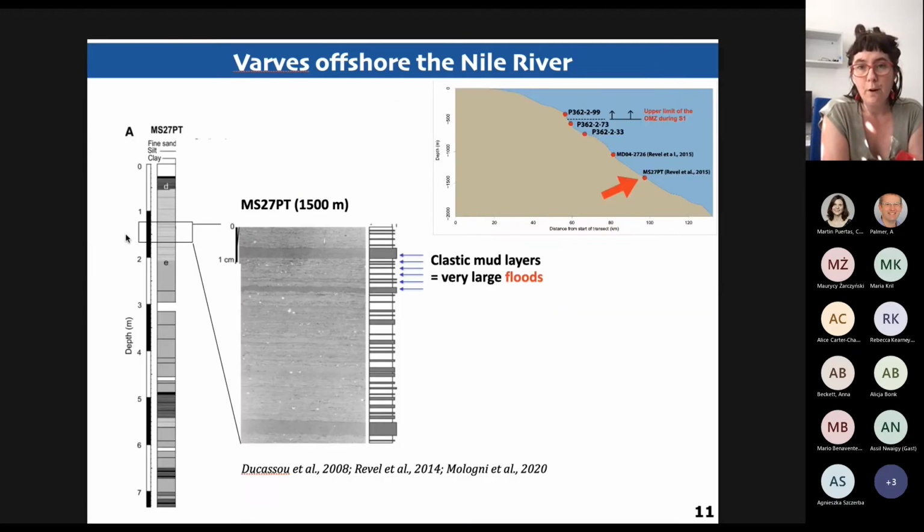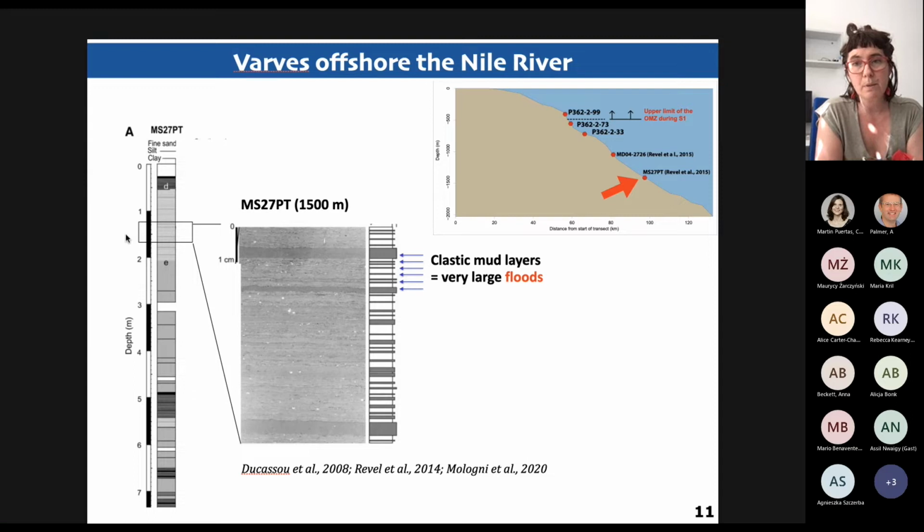So I will first talk about the deepest of these cores, which has been published by Marie Revel mostly, but also Emmanuel Ducassou. And they found these laminated sediments with the presence of clastic mud layers, which they related to very large floods all over the delta, basically. And so this was the first identification of laminations in this region.